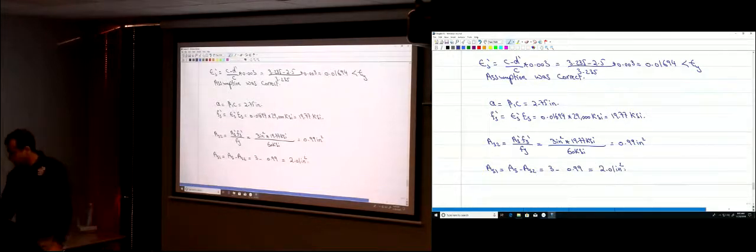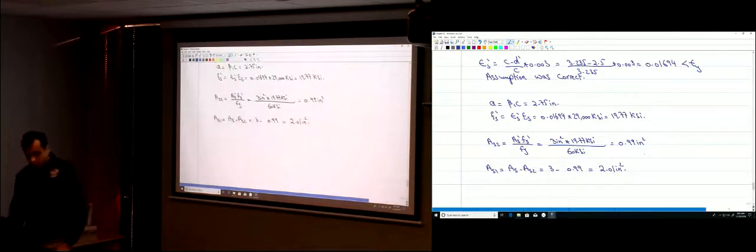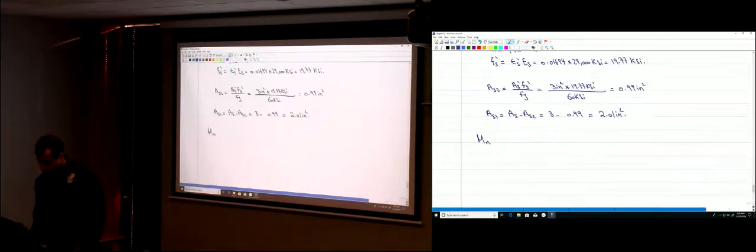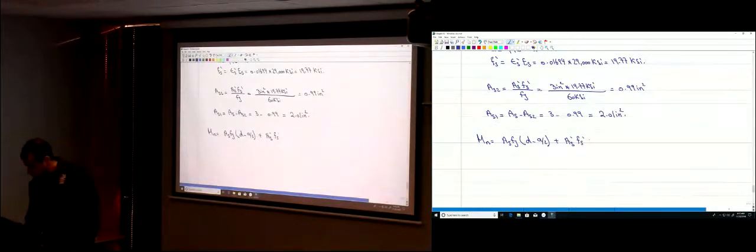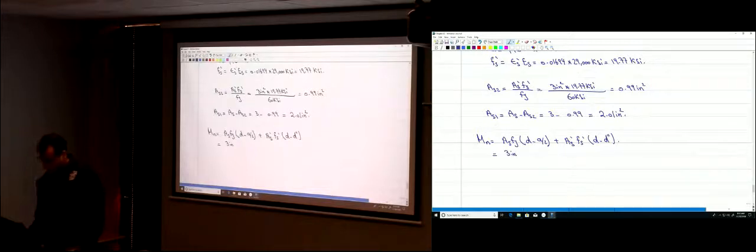Now you can go ahead and find the nominal capacity of the section. M nominal is area steel F yield multiplied by D minus A over 2, plus area steel prime Fs prime multiplied by D minus D double prime. Sorry, this part, I'm taking a moment about the tensile steel. So this is area steel 1.